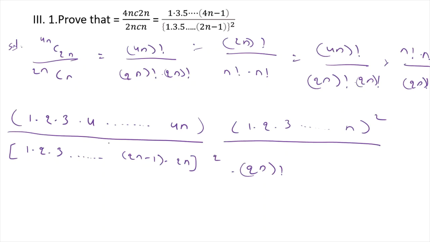Okay, so I want to have only odd terms. For this I can write all even terms on one side and all odd terms on the other. Out of 4n numbers, how many are even and how many are odd?